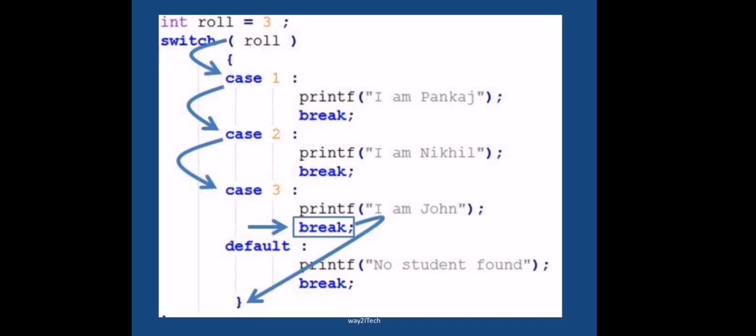A computer knows only zeros and 1s. So it will check case 1 is 0, case 2 is 0, and when checking case 3, yes, role is 3 and case 3 is 3. Then case 3 will execute, "I am John" will print, and then the break statement on case 3 gets it out of the switch case statement.